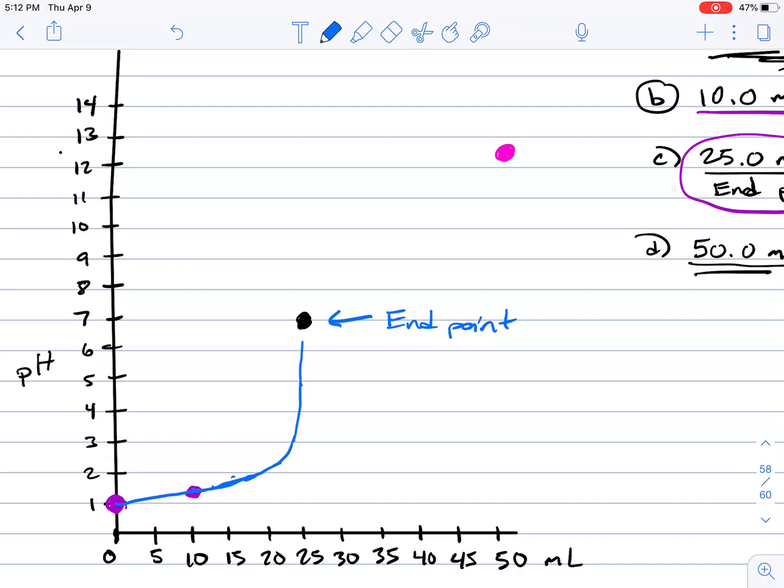We have this steep curve right at 25. As we pass that 25, we're going to kind of curve it to hit that last point.